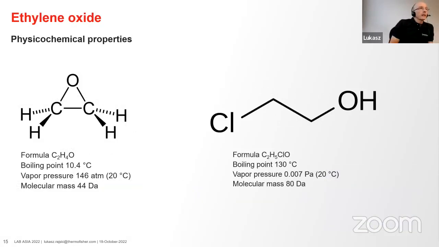On this slide, we have physicochemical properties of both analytes, ethylene oxide and 2-chloroethanol. Please take a look that ethylene oxide has a very low boiling point and very low molecular mass.